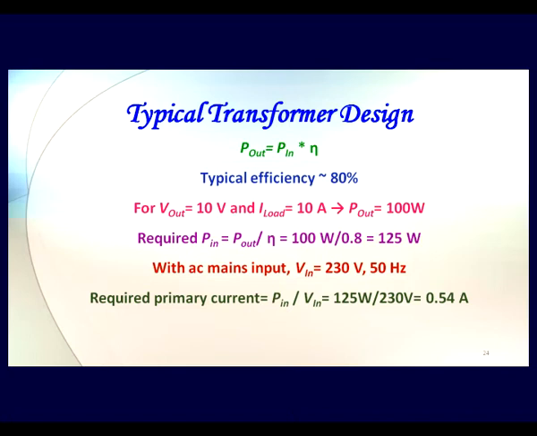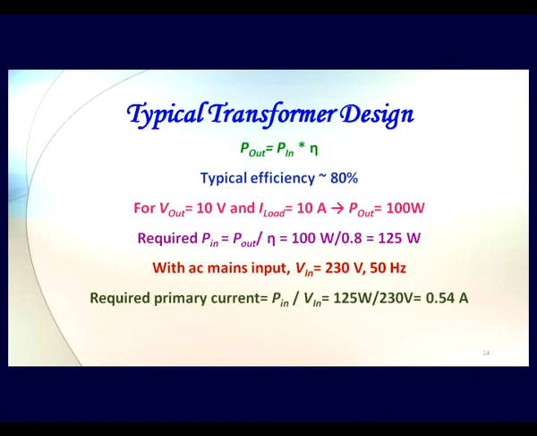So as you see, in this particular case, the output current is very high, 10 ampere, but the input current that we require is merely 540 milliampere, or around half an ampere. Okay, so when voltage is higher, requirement of current is less at the input.